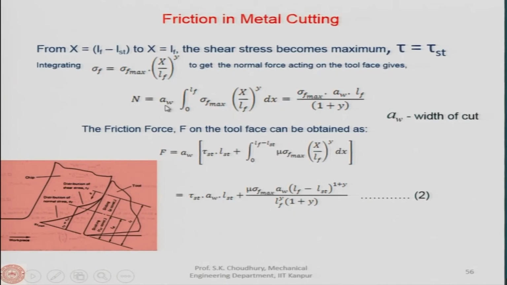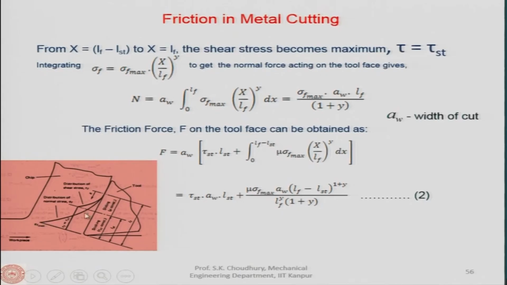So this will also have the stress and the area. If we integrate this, it will be sigma f max AW, LF, and below it 1 plus y, because it is to the power y. This is the normal force that we get by integrating the area under sigma f.